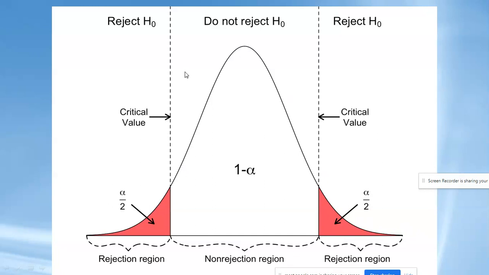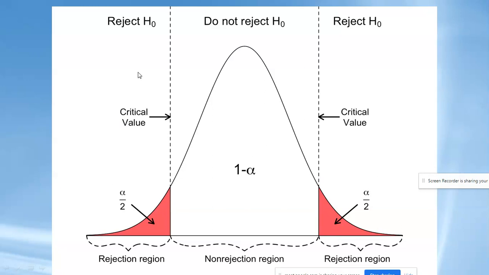So this is nothing but the acceptance region, or we also call it the non-rejection region, this white color, and the region of rejection is shown by the dotted line. These two regions are called the alpha region. It stands on both sides, right side as well as left side.